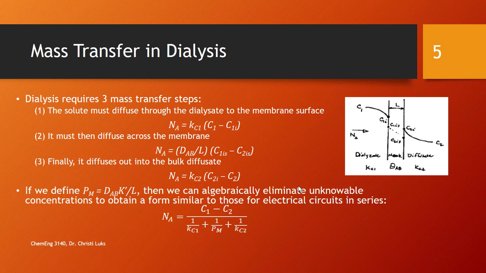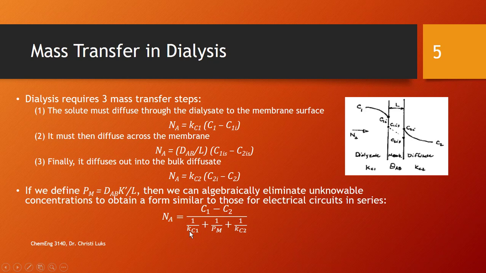Now we can combine these, like we did maybe in heat transfer, using the electrical circuit analogy that each of these is a resistance. The reciprocal of these mass fluxes is a resistance, and we can add up the resistances to get a net resistance. So over the entire system, N sub A is the concentration difference from the bulk fluid in the dialysate to the bulk fluid in the diffusate, divided by the sum of resistances.